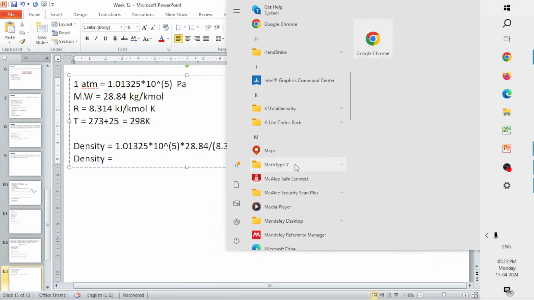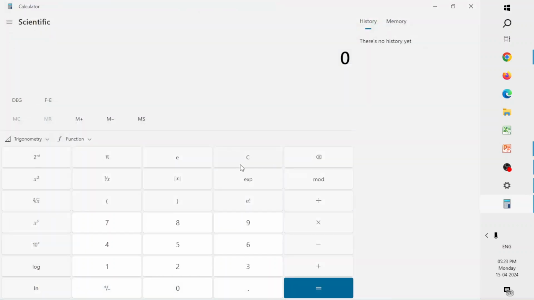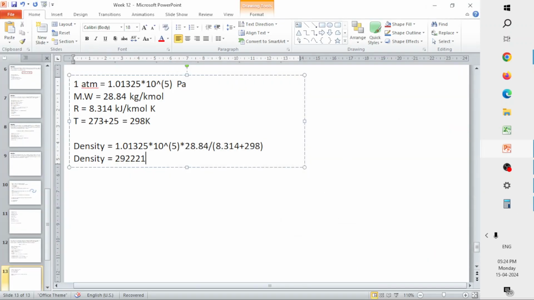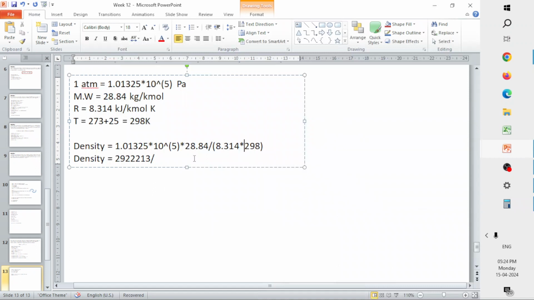So the density will be nothing but 0.572.